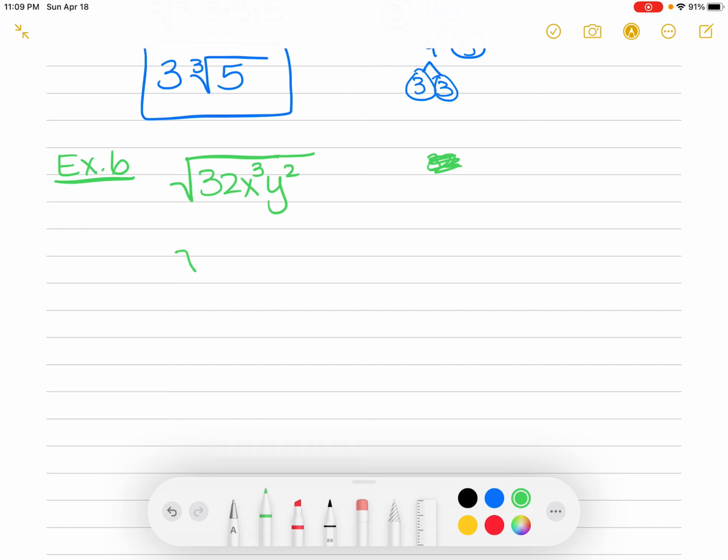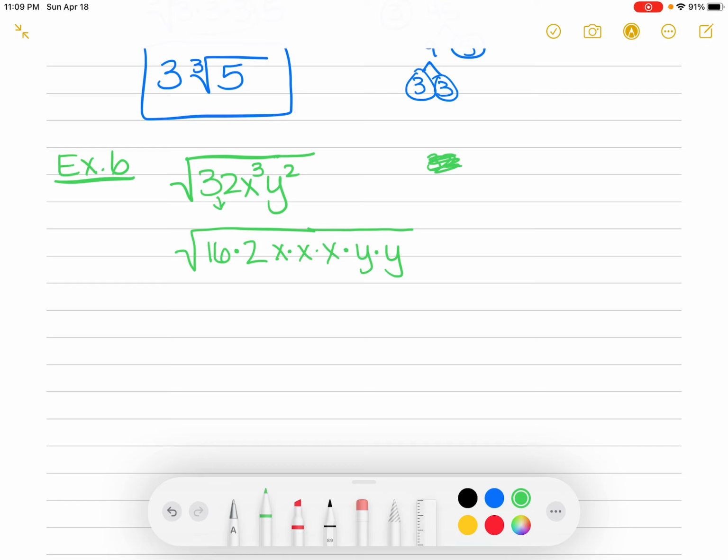And I'm doing square root, so I'm going to find a number that's a square for this. So I'm going to do 16 times 2. That gives me 32, right? And then I'm going to write out all of the x's and all of the y's. I'm going to show you why in just a minute.